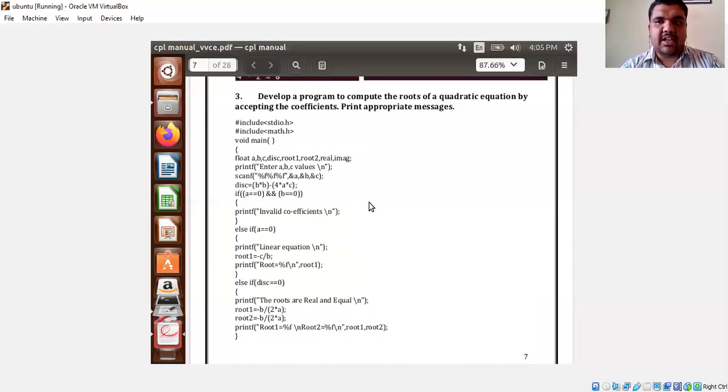Okay, so once after the calculation of the discriminant value, we need to check for the conditions. Here we are making use of the important decision making construct called the else if ladder. How the else if ladder works, we are already familiar with it. It starts with the basic if condition. If the condition present in the if results in false, then the else if statement is going to start its execution.